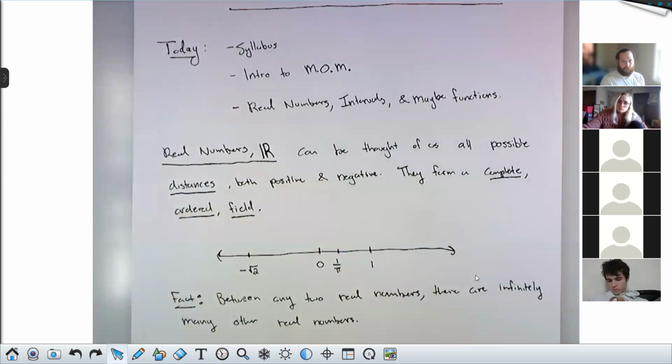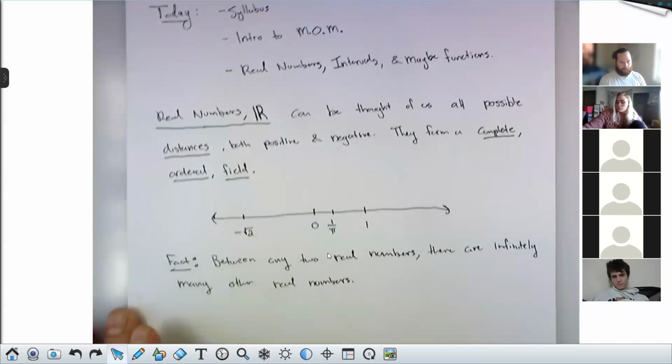You can think of each point on this line as representing one real number. So again, if I zoom in and look at this interval between 0 and 1 over pi, there's infinitely many points in there. This line is solid. No matter how tight you zoom in, you'll never find a gap. So between even these two very close real numbers, there's infinitely many other real numbers. For example, 1/10 would be right here, 1/7 would be right here. Lots and lots of real numbers.